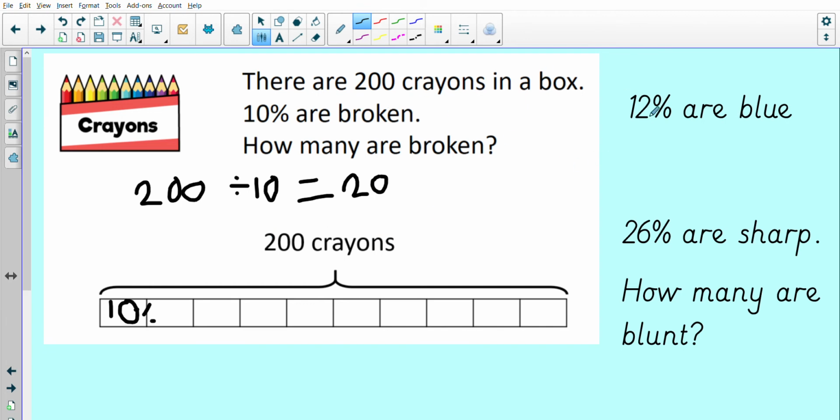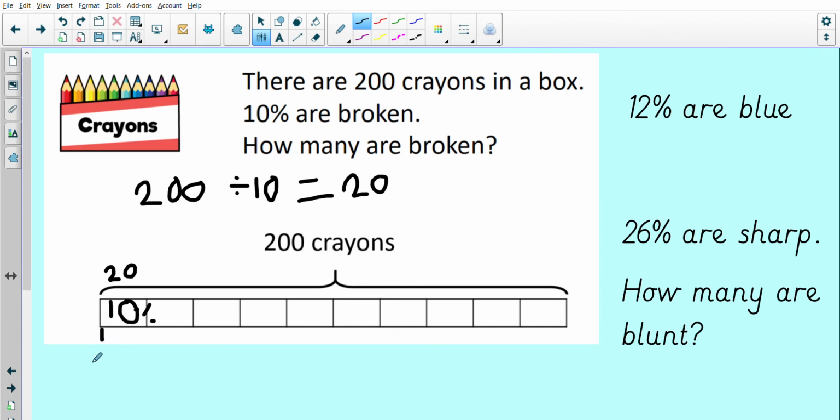Right, let's solve this. 12% are blue. How are we going to solve this? So, I know that 10% is worth 20. How can I figure out how much 12% is? Well, I can divide 10% to find out what 1% is worth.